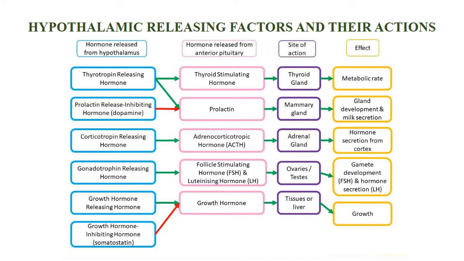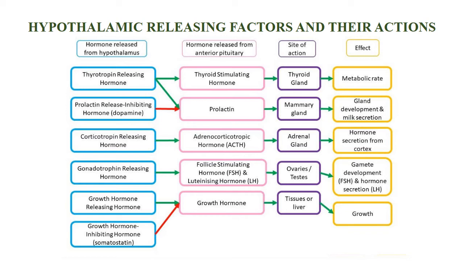That means these factors are hormones that target the pituitary gland to secrete certain hormones. Therefore, they are called releasing factors. And some of the hormones given out by the hypothalamus inhibit the secretion of the pituitary, and therefore they are called inhibitory hormones.